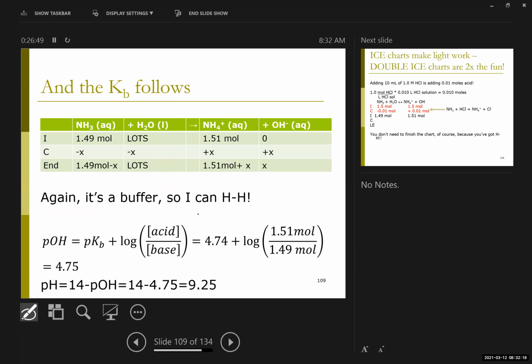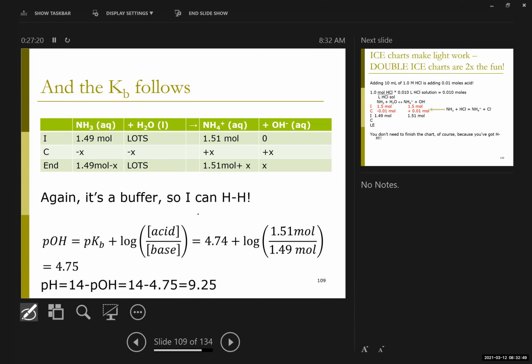And so again, you could solve it the old-fashioned way: K equation, plug it in, solve for X, go back to the ICE chart, substitute X in, see what you get. Or if I recognize it's a buffer, I can Henderson-Hasselbalch it. And I can also use my special little property that for Henderson-Hasselbalch, it doesn't have to be molarity. I can live with moles.